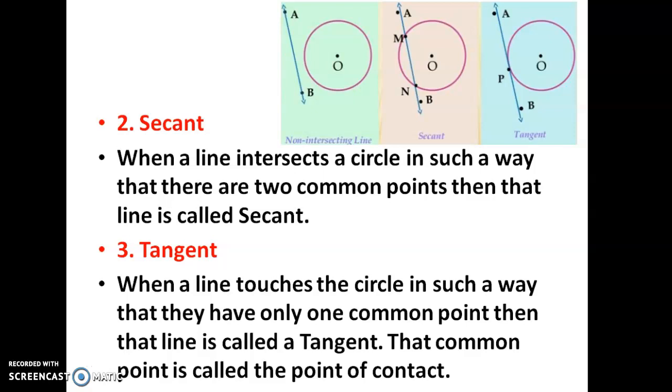That common point is called the point of contact. This tangent is a special case of secant. Why? Because these 2 points coincide at one single point. In the tangent, the circle and line meet at only one single point, called the point of contact.